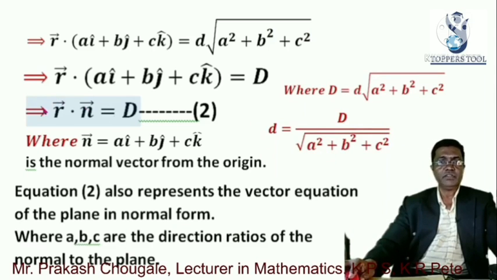So if we know the direction ratios of the normal, then you can calculate the distance from the origin by this formula.